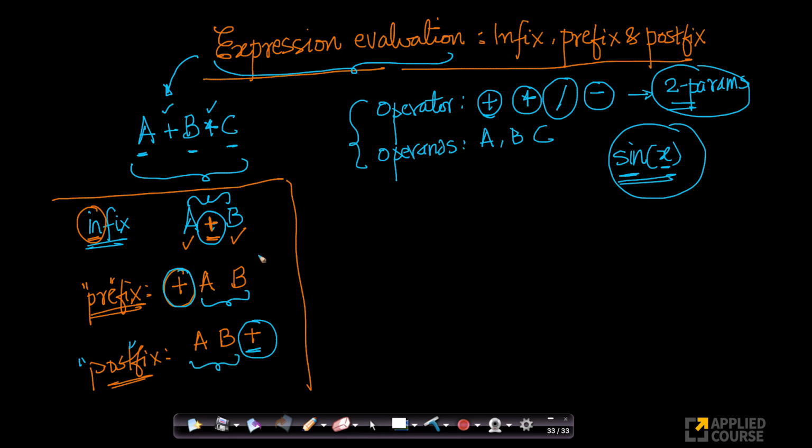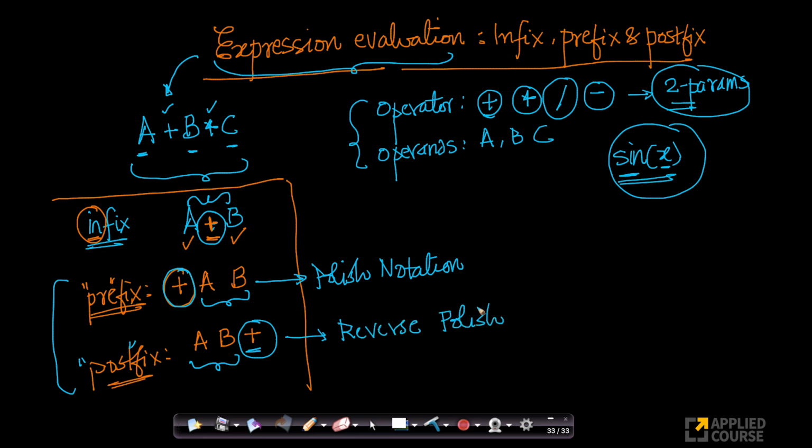Very simple. Prefix is also called Polish notation. I'll tell you the advantages, and why we are even learning about postfix and prefix, in the next couple of minutes. Postfix is also called reverse Polish notation. Some very simple terminology here, don't worry about it.